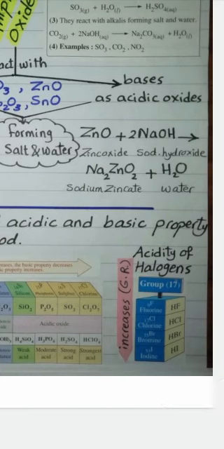But in the same group which starts by a non-metal, acidic property increases by increasing atomic number. And this is due to increasing atomic radii, leading to the decrease of attraction force to hydrogen atom.